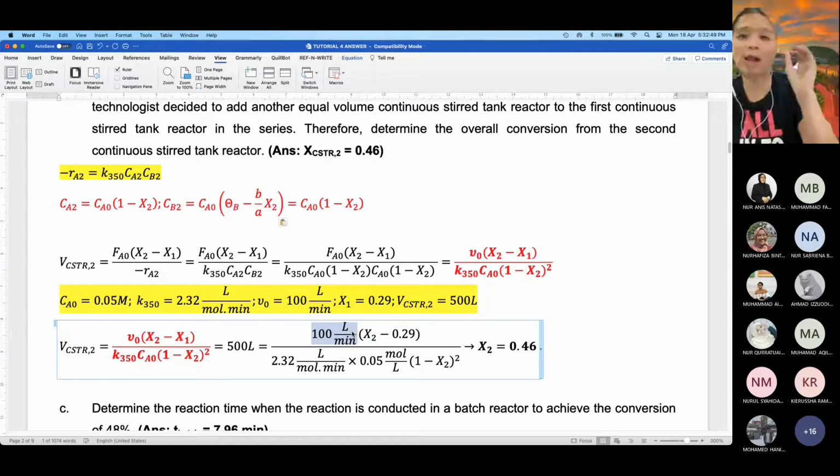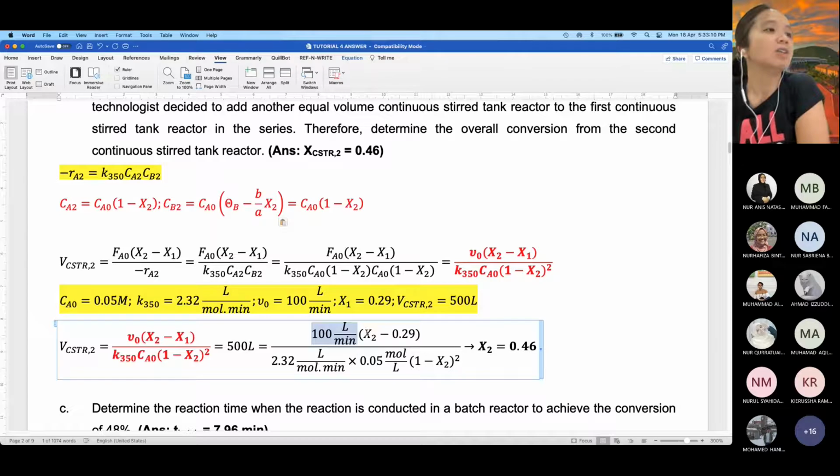So I will only use one pump to pump the same amount, because the same amount will enter the first CSTR, and then from the first CSTR, it will flow to the second CSTR. It means between the first and second CSTR, I don't disturb the flow rate. It is still the same flow rate. That's why the initial volumetric flow rate is still the same.